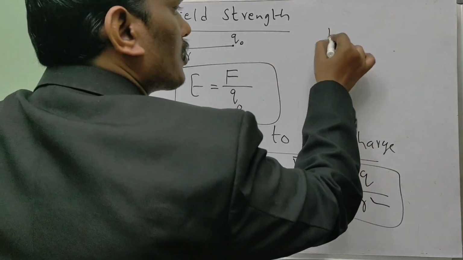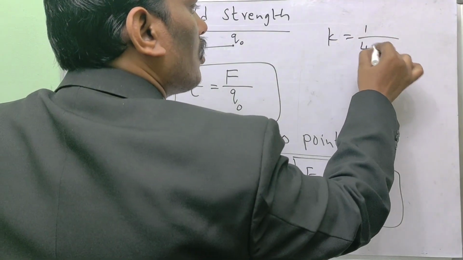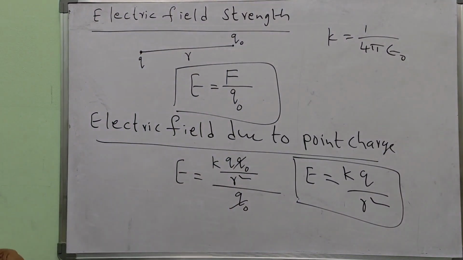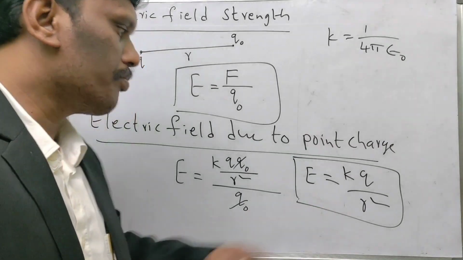Already we discussed this with my students. K means 1 upon 4 pi epsilon naught. Don't forget. So this is the electric field formula: K into Q by R square. What is the meaning of this?